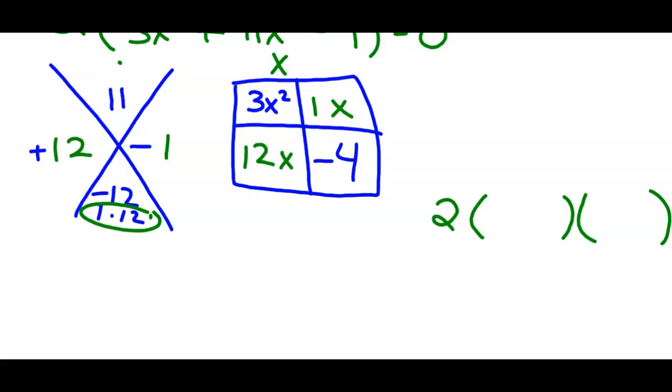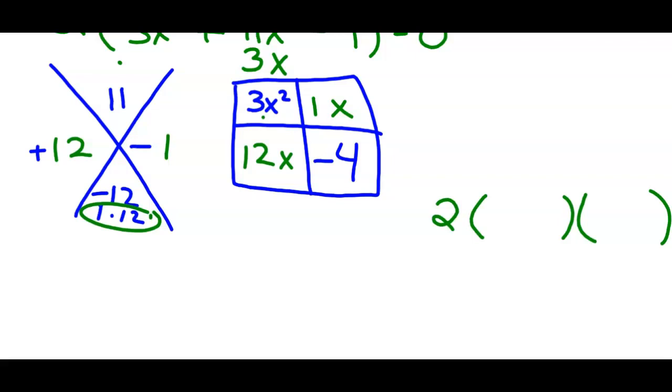Oh, wait, no. I can't divide 3 by 4, but I could divide 12 by 4. 2? Can I divide 3 and 12 by 2? No. I could divide them both by 1, but there's a higher number. What's the higher number? 3. You see that? Okay, I can divide this by 3x, and I can divide that by 3x, yes?